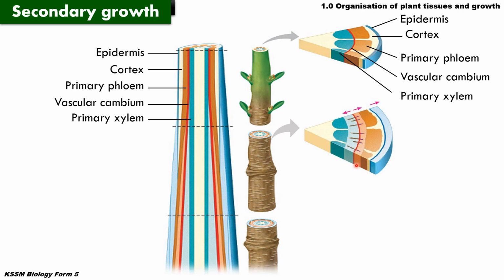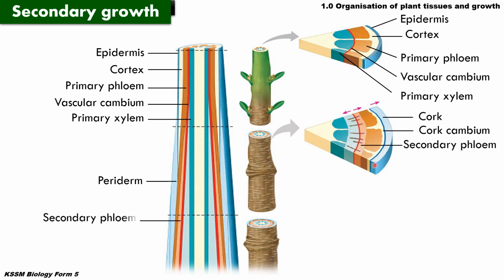Okay, and the epidermis, okay, start to develop the cork cambium. Okay, the cork and also the cork cambium, the blue color line here. Okay, secondary phloem, secondary xylem, the light, okay, and this is the growth. Okay, inwards and push outwards.